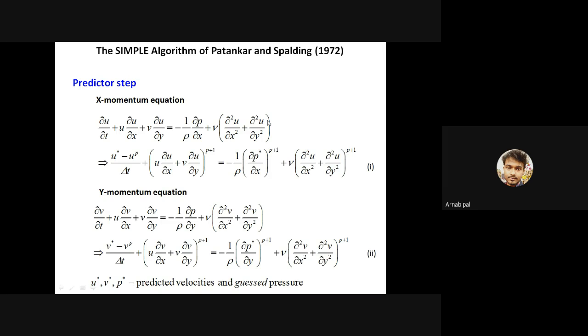Yes, sir. Now, in the predictor step, I am not writing the detailed discretization, I am writing simply a pseudo discretization.